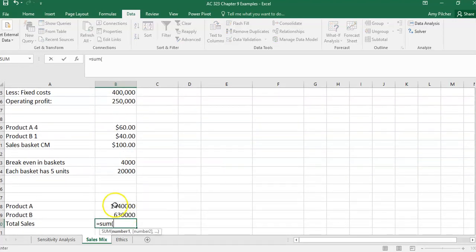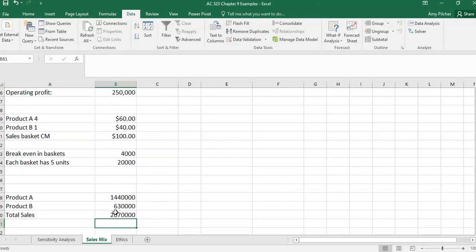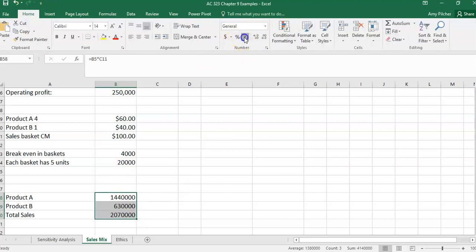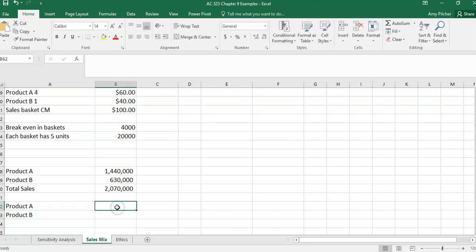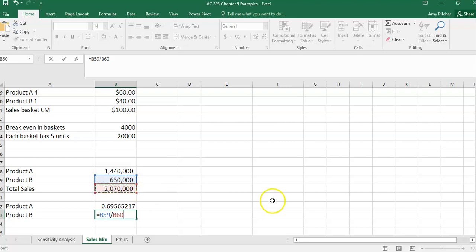Our total sales then are $2,770,000. So now we need to determine what percent each of these is of the sales mix. So we take product A sales divided by total sales. And for product B, we take product B sales divided by total sales.